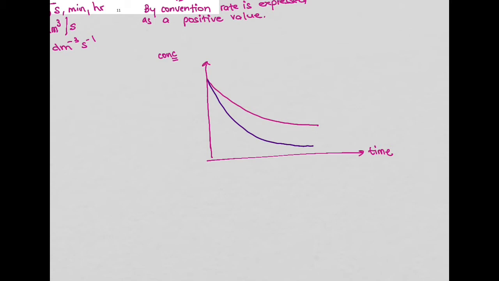Let's start drawing tangents at different points on the pink line. We're going to have a tangent here, here, here, here, and here. These tangents are not accurately drawn, but you get the idea.